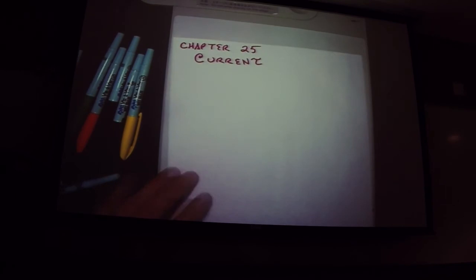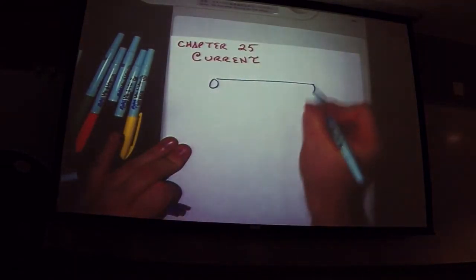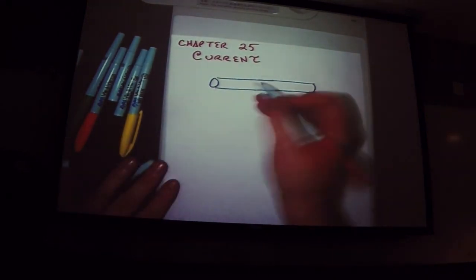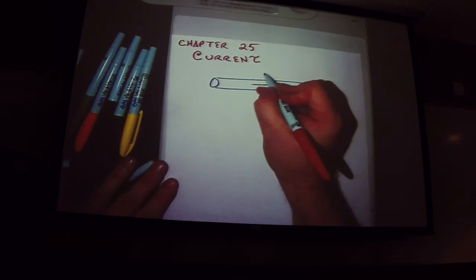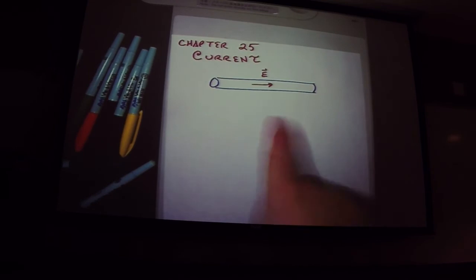So in the last two chapters, if I had a rod here and I put an electric field in the rod, the charges in that metal rod would move to the sides, create a counter-electric field to cancel out this electric field.